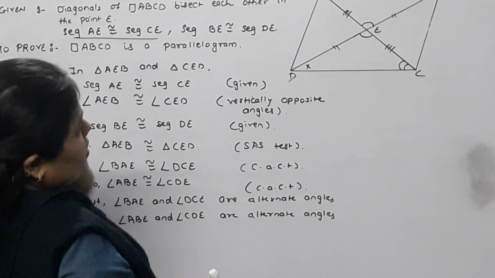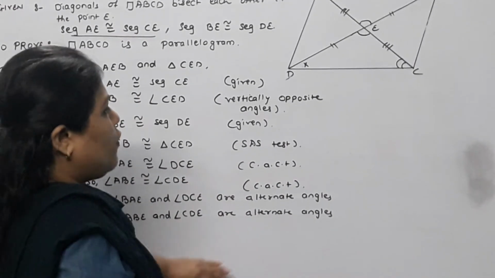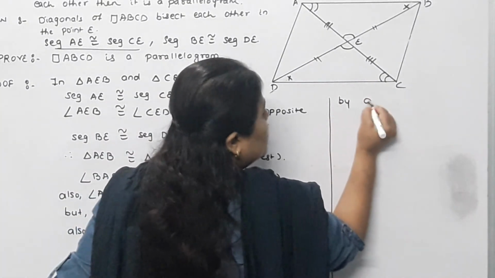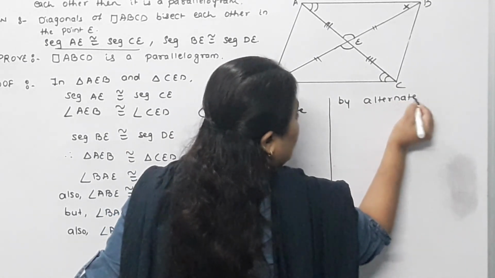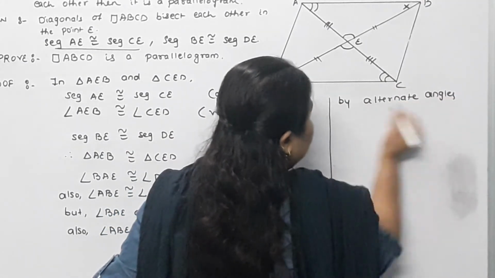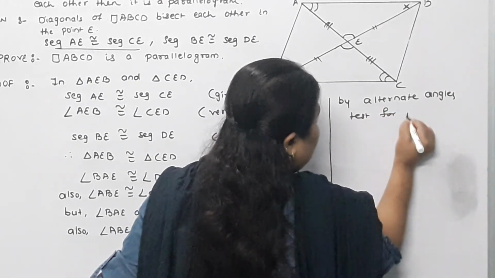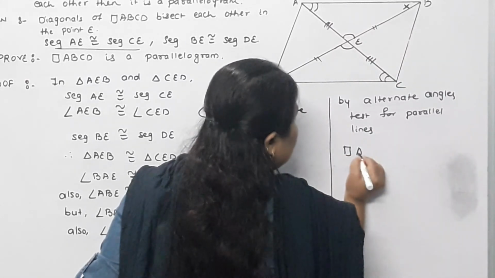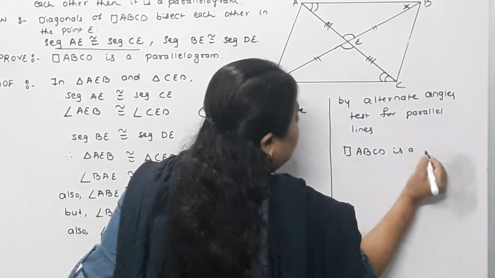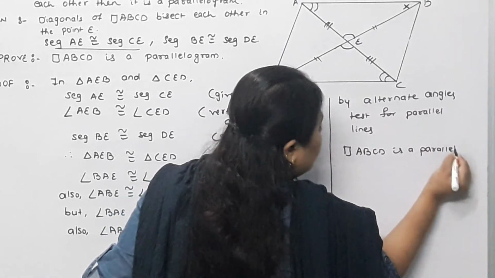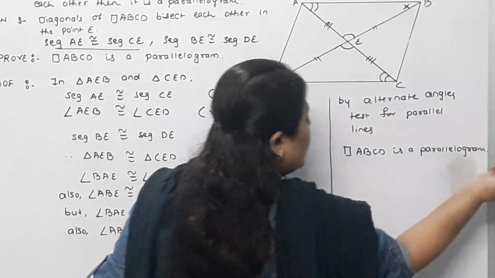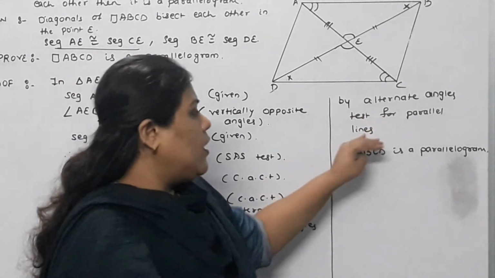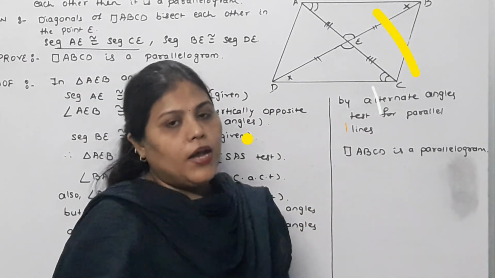See, this way we can say that by the alternate angle test for parallel lines, quadrilateral ABCD is a parallelogram. Right? This way we can prove that with the help of the alternate angle test for parallel lines, quadrilateral ABCD is a parallelogram.